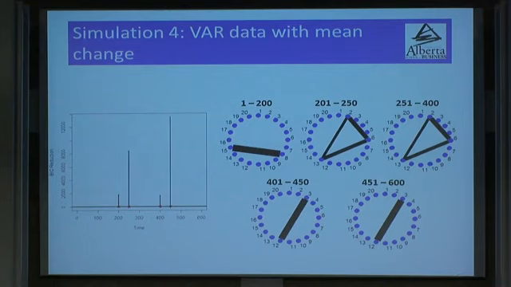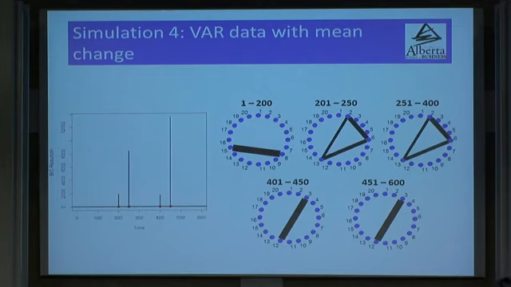Between 0 and 200, nothing happens. Then there's a dependency change point, or functional connectivity change point, at time point 200, and at time point 250 there's a mean change point. It detects the mean change point, but the connectivity structure does not change. Between 201 and 250 and 251 and 400, the connectivity structure stays the same even though we have a mean change point.